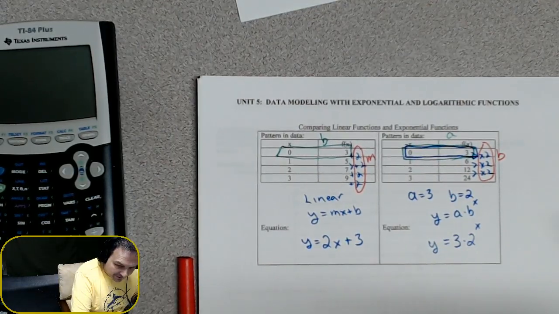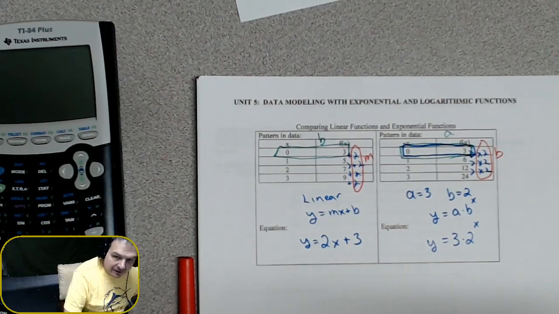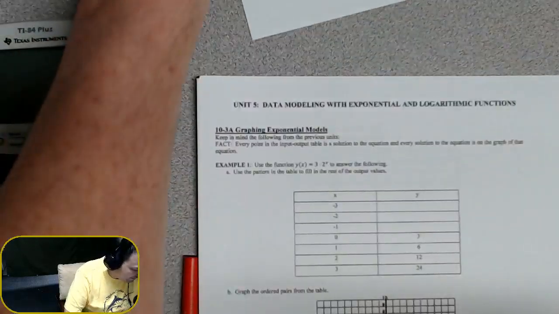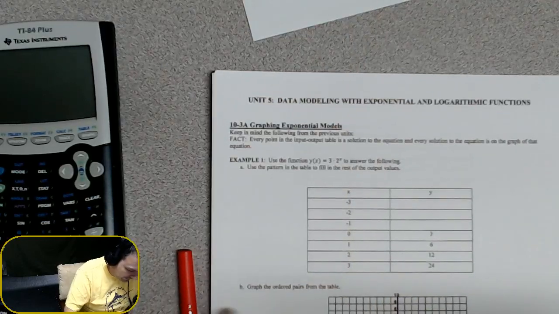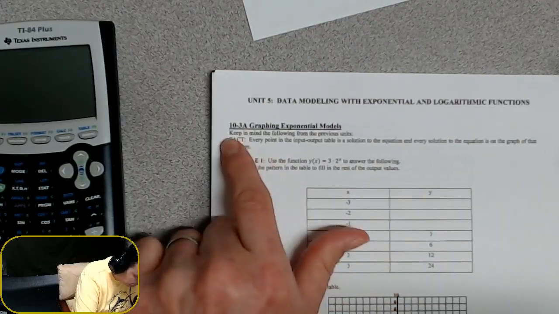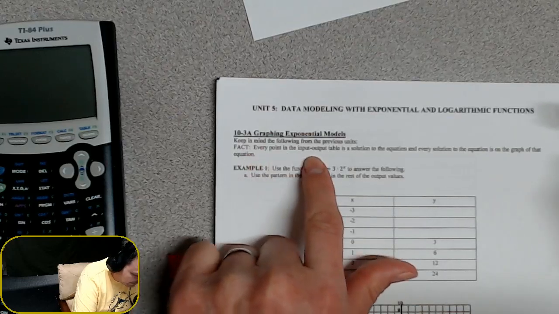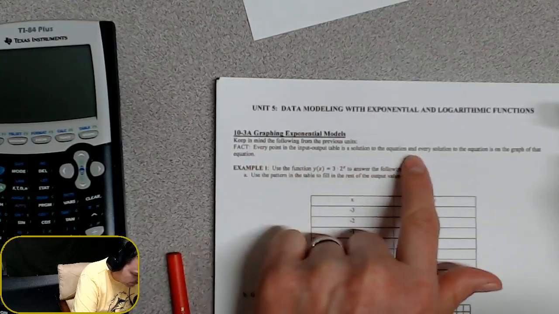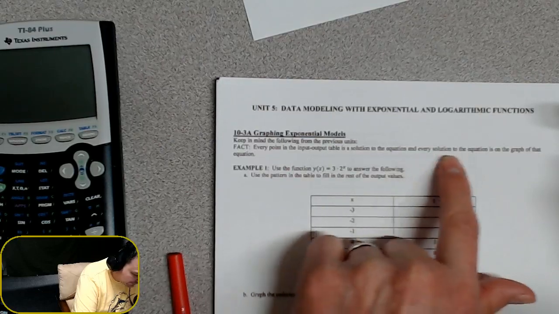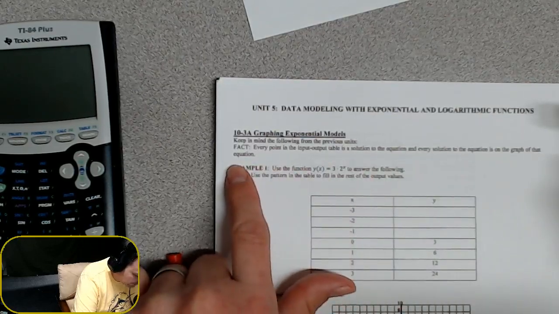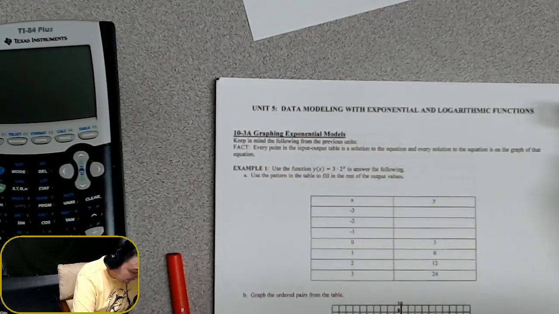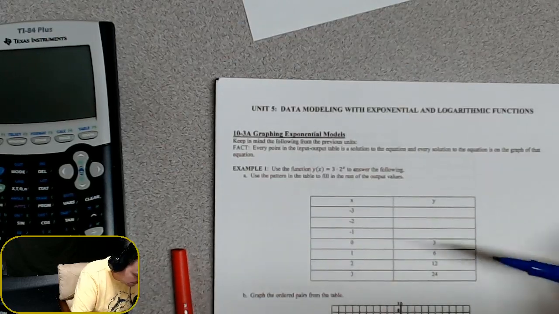Okay, let's practice this again. Take a look at this situation here. Every point in the input-output table is a solution to the equation, and every solution to the equation is on the graph. So for example, let's take a look at these numbers here.